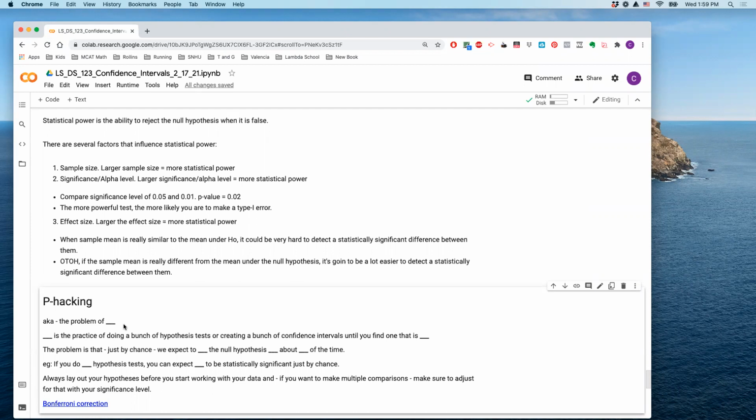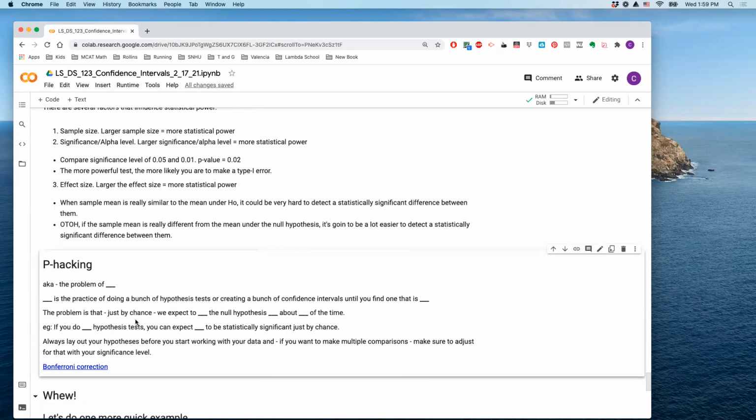So if you fail to reject the null hypothesis, you can consider the idea that it wasn't really that there's not a difference, it's just simply that you don't have enough power. Now, that's, again, related to type 2 error and power.